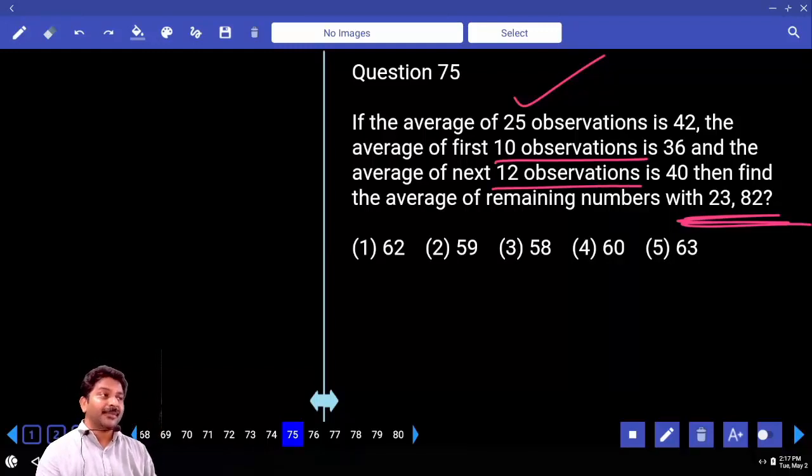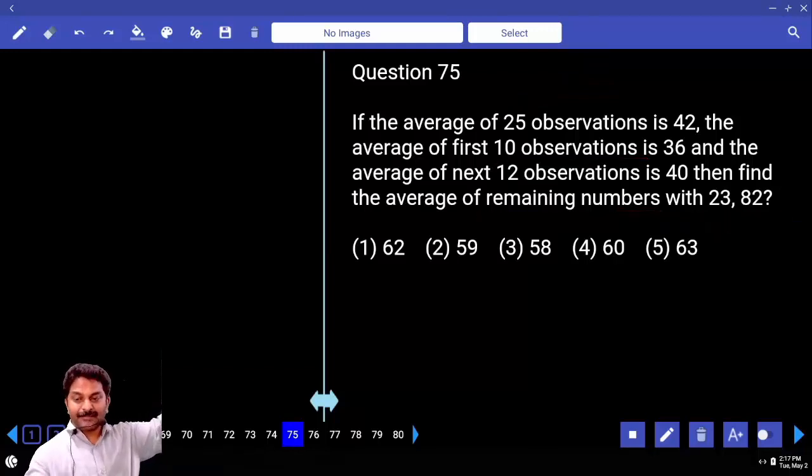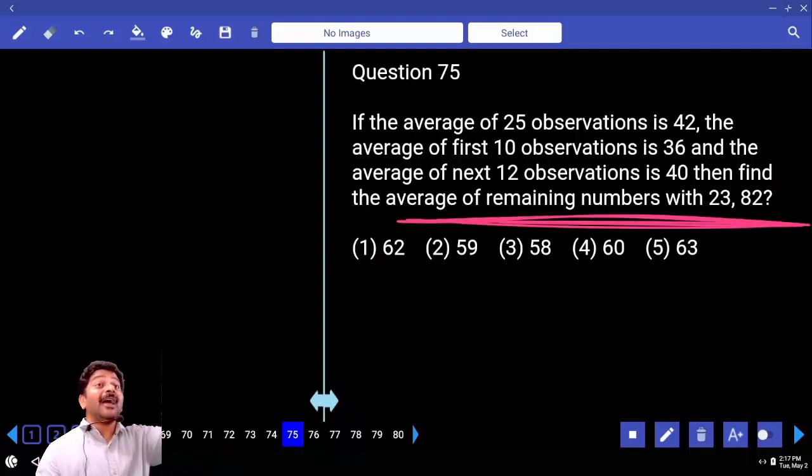Remaining how many are there? First we need to know those 3 numbers. Last line: average of the remaining 3 numbers along with the other 2 numbers. That means we need to find the average of 5 numbers. So the first agenda is to identify the 3 numbers.